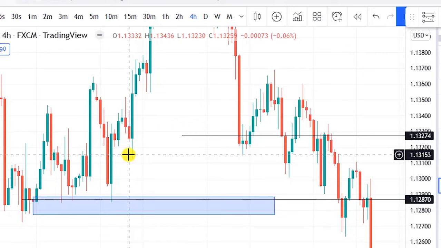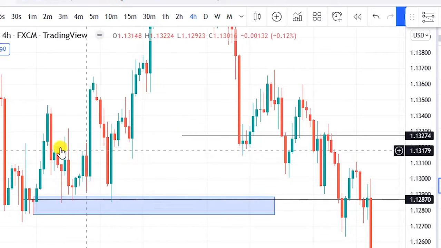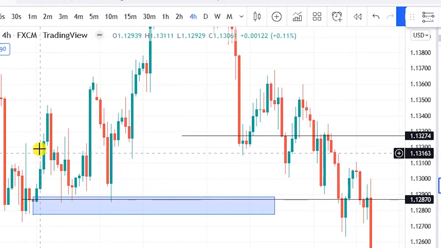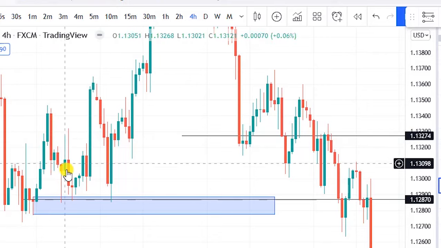I don't know if it's clear enough. At this zone, they will get discount pricing, because if they buy here now that they broke structure, it's high price, and every businessman wants to buy at discount. Mind you, these big players or the smart money, they are good businessmen. So they want to be buying at discount pricing.